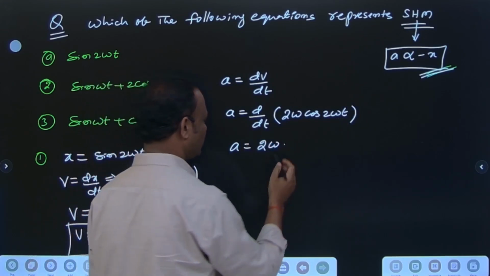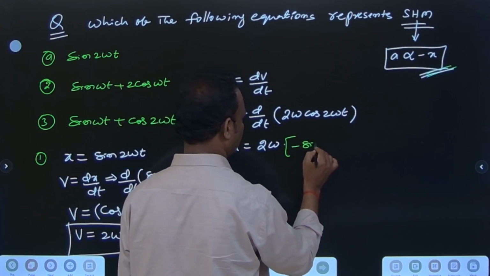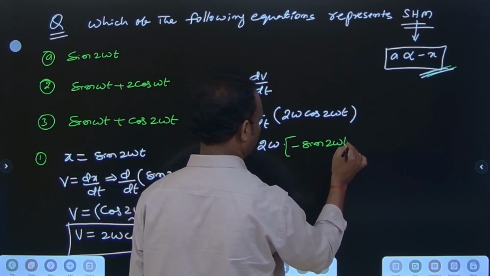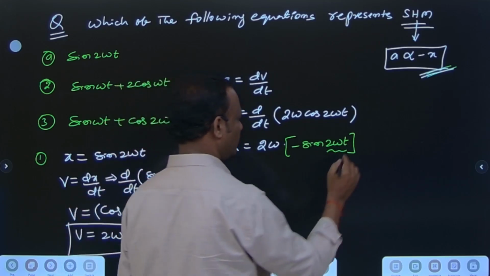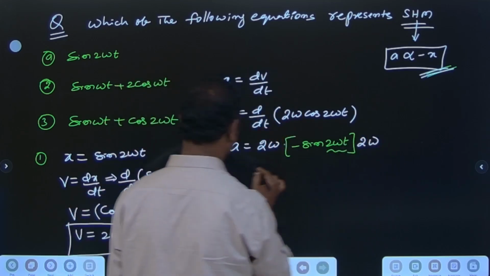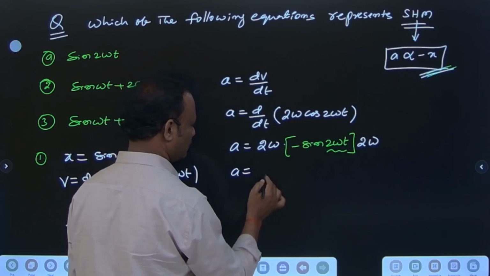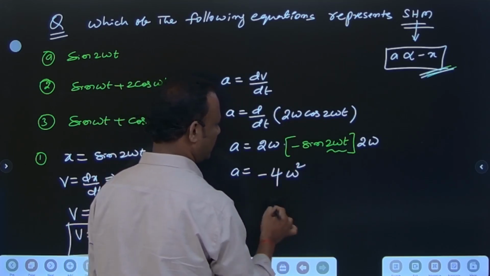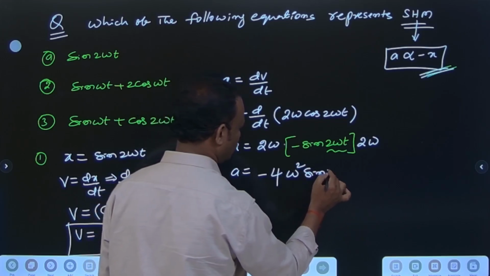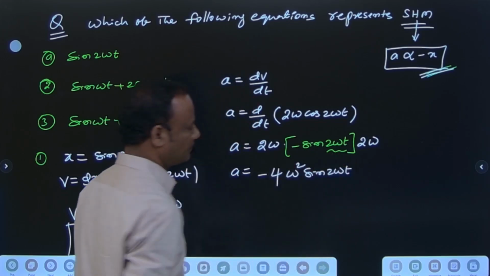Differentiation of cos is minus sin 2 omega t. Again differentiation of 2 omega t is 2 omega. So A is equal to minus 4 omega square sin 2 omega t.